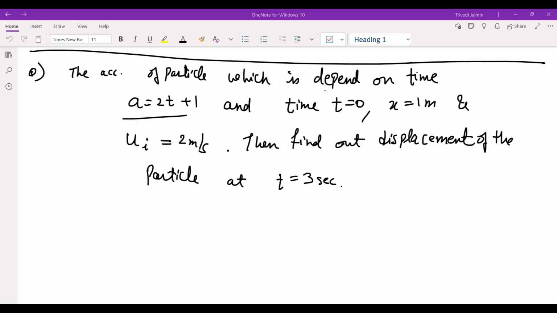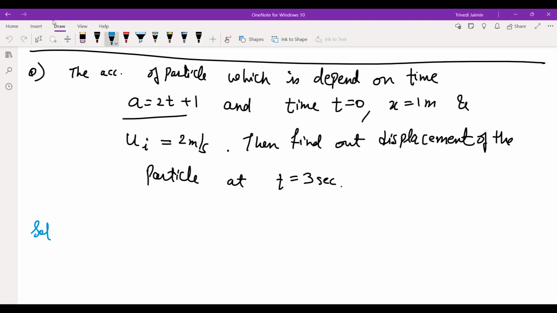Is the answer 34, sir? Okay, let's check whether the answer is 34 or not. So what is given here? A equals to 2t plus 1.